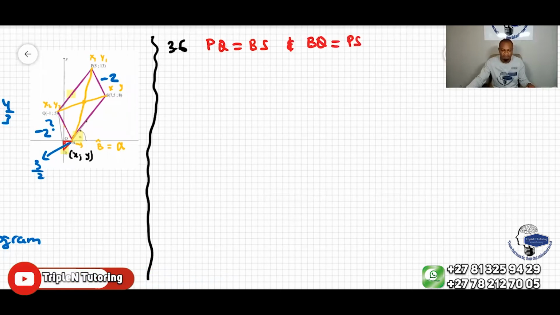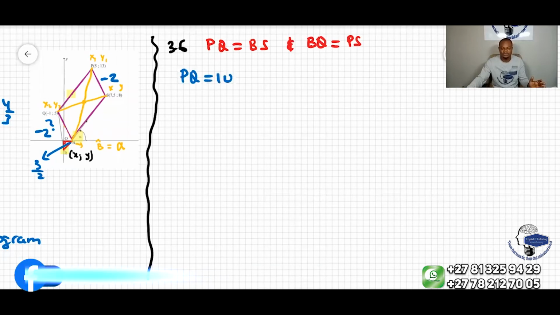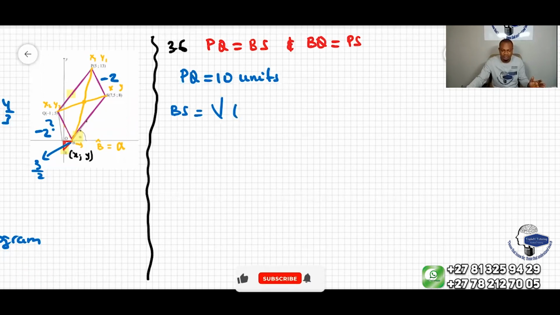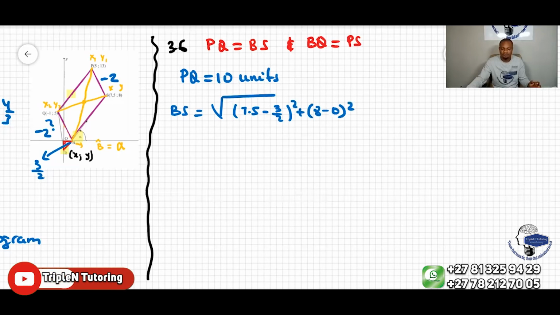Now let's prove. Let's work out PQ and BS. We already worked out the distance PQ in the previous question. We found that PQ was equal to 10 units. That was given already. Now we can work out BS also. This will be the square root of x2 minus x1, so 7.5 minus 3/2, to the power of 2, plus 8 minus 0 to the power of 2.